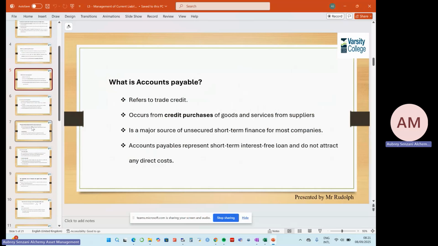And then accounts payable represent the short-term interest-free loan and do not attract any direct costs. Hmm. Doesn't it have interest, like we pay off over a certain period? That's why I was actually going, because I definitely would not say in all cases it's interest free.